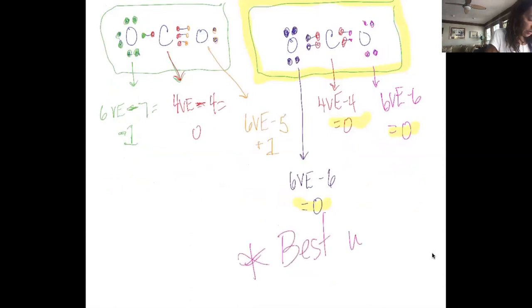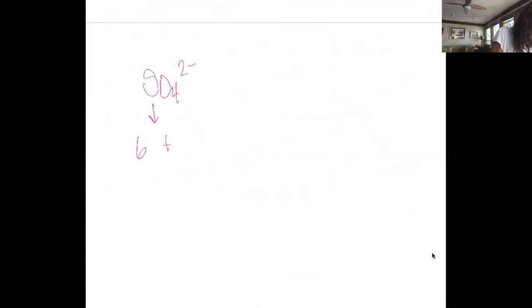And notice, we don't need to worry about the negative rule because there are no negatives here. But because all formal charges are 0, this is going to be our best structure. Let's look at another one, SO4 2 negative. All right. This is 6 plus 4 times 6 plus 2.